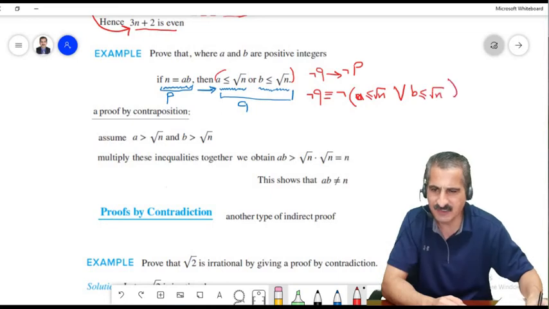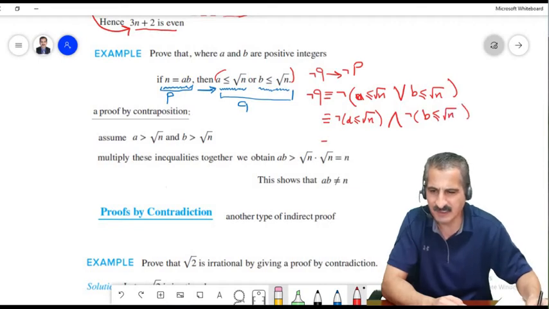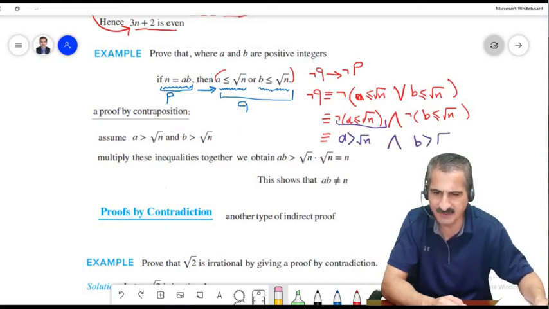So the negation will come out to be: negate this, not a less than or equal to square root of n, and, so we are using De Morgan's law here, not b less than or equal to square root of n. And then the negation of this part will be the opposite: a is greater than square root of n, and same thing here, b is greater than square root of n.